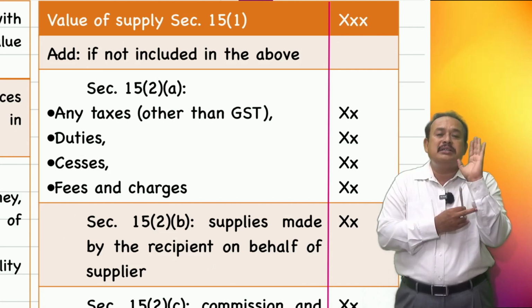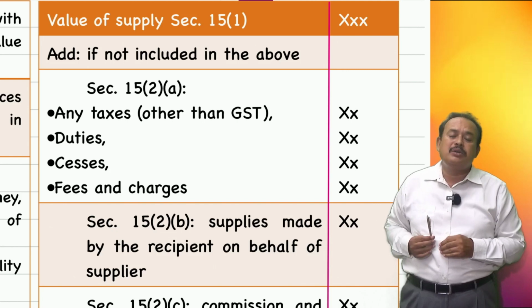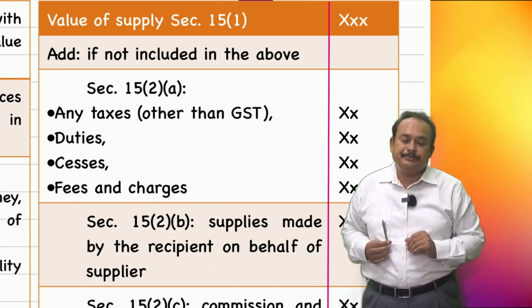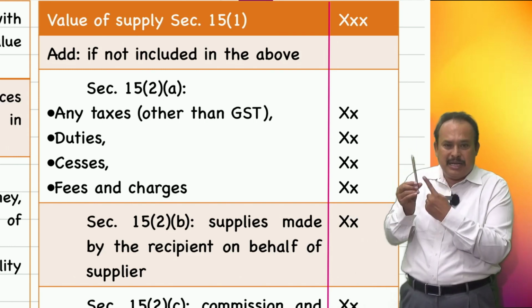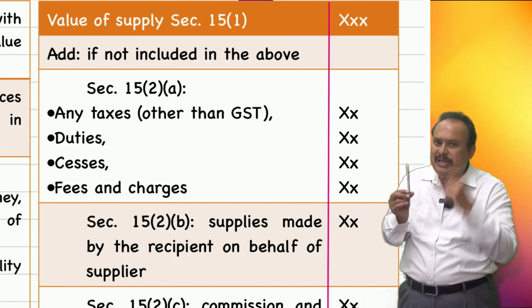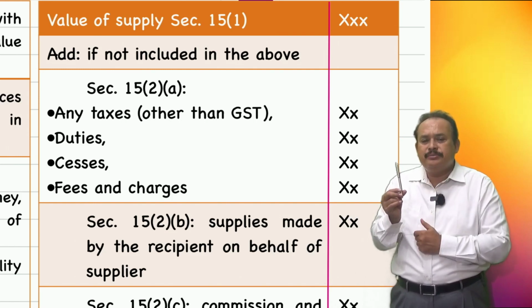I raise the invoice and send it to you. My sale value I book in my books of accounts is 7,50,000. Now tell me, 1 lakh pieces of this product is 7,50,000 only. It is not so. It's undervalued.